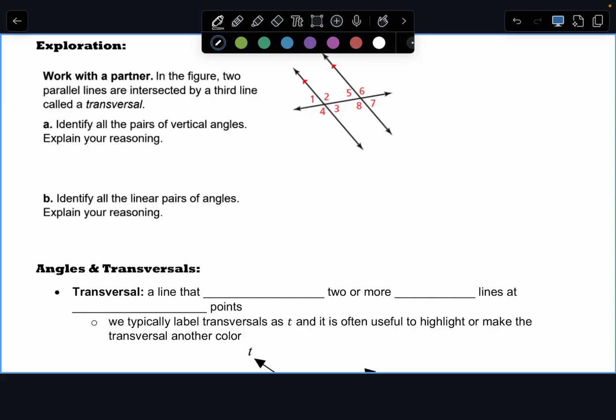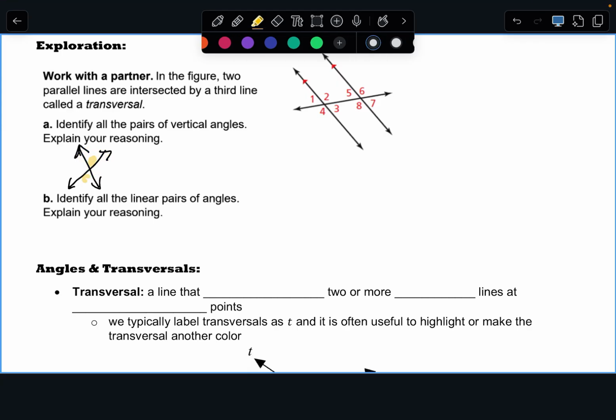So, what I want you to do for this first part, I want you to identify with your colors all the pairs of vertical angles. Does anyone remember what a vertical angle is from Unit 1? What if I went like this? If we remember, it is the two angles across from each other in that X shape.